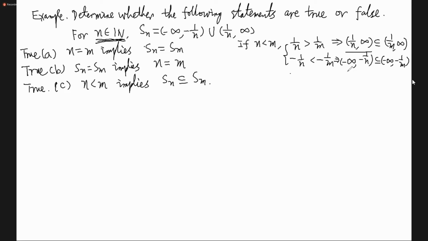The negative part of Sn is also contained in the negative part of Sm. So this altogether implies Sm is containing Sn. Okay. But of course, this uses the condition that n and m are natural numbers. So you get those inequalities because n and m are positive. So this is very important. So for this problem, the positivity of those subscripts is essential.